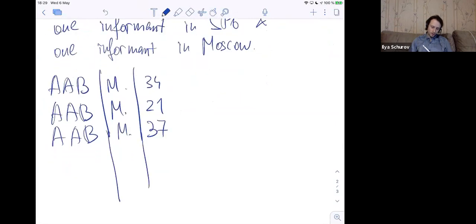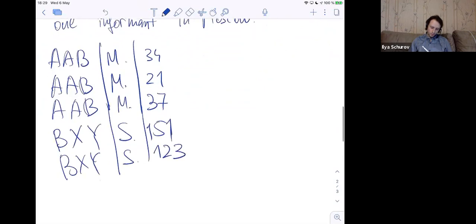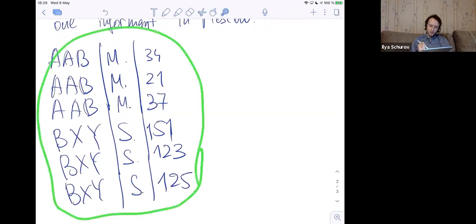And we have another informant, BXY, from St. Petersburg with texts like 51, 151, 123, 125. Assume that I have data like this, like in this table.